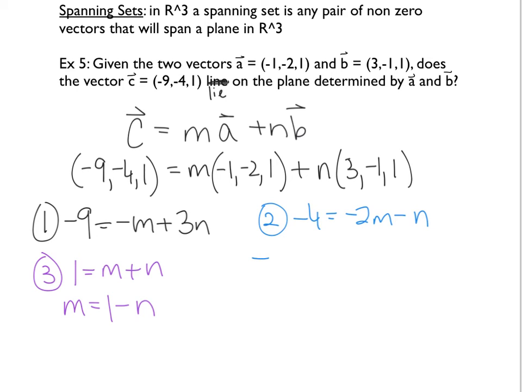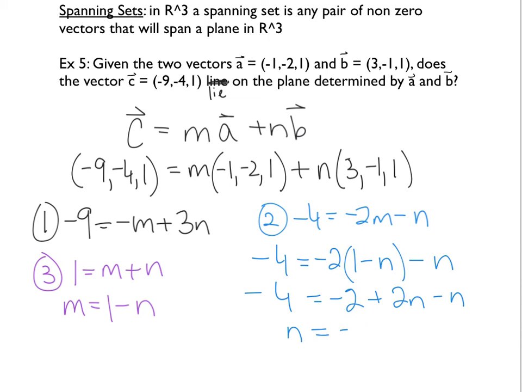So it's going to be negative 4 is equal to 2, negative 2, and then m is 1 minus n. So that gives us negative 2 plus 2n minus n, and I'm just going to do this in one step. n is equal to negative 2.